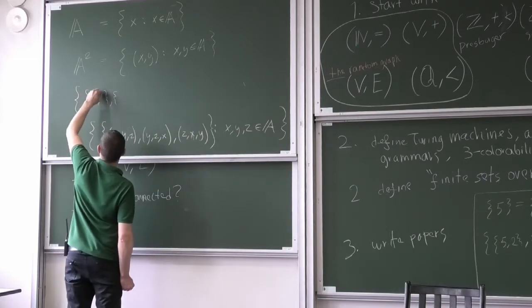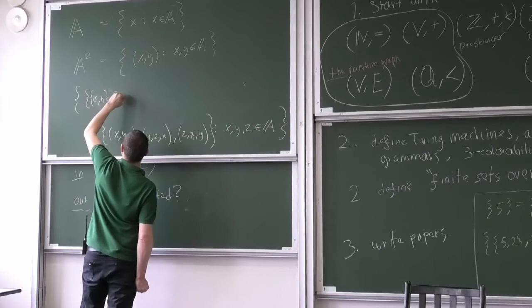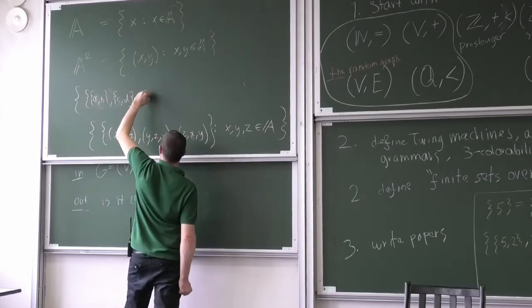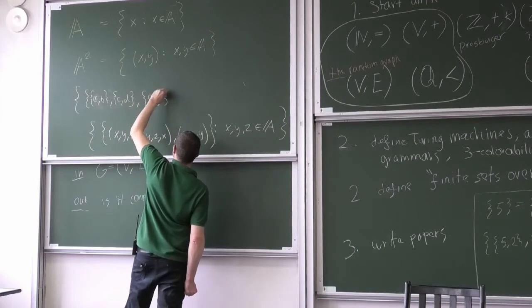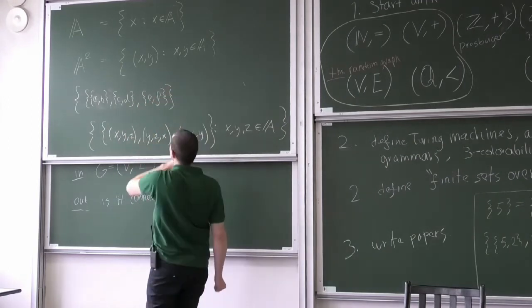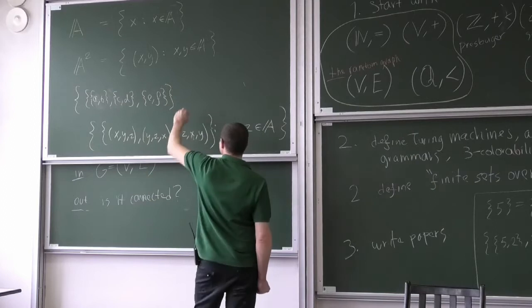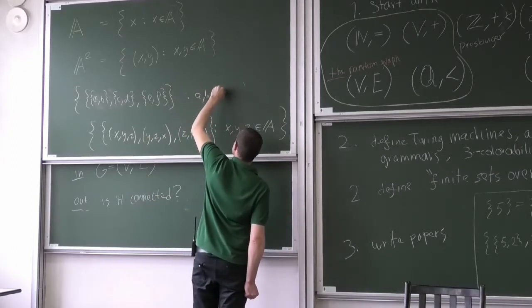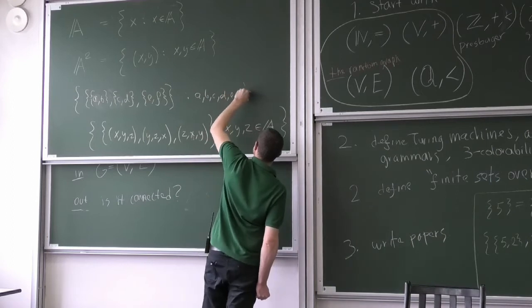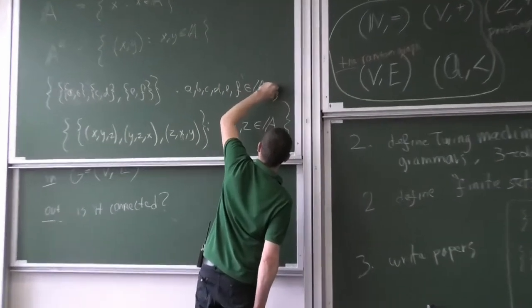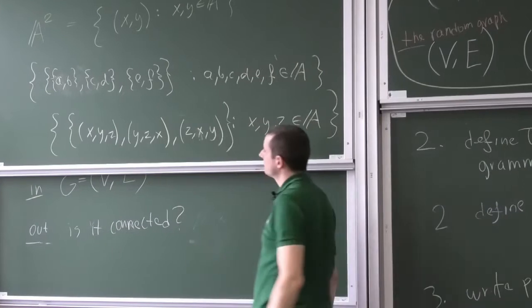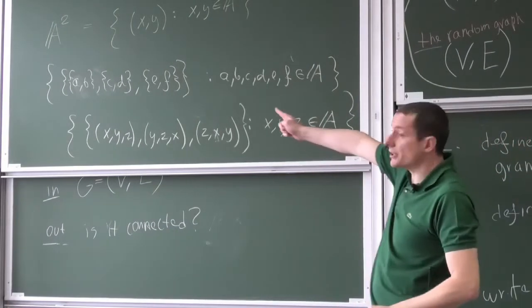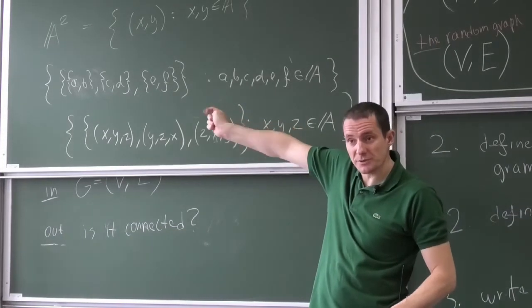Maybe A, B. These are unordered pairs, yes, and triples.